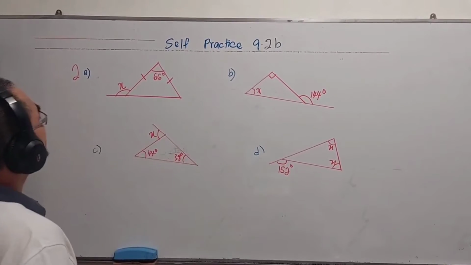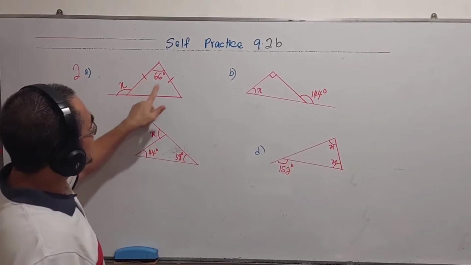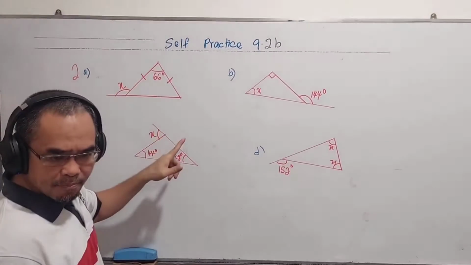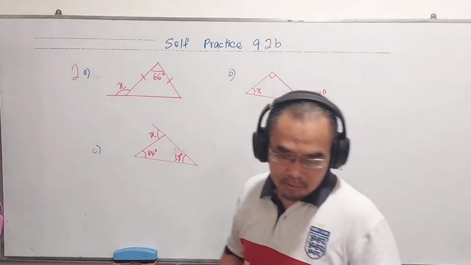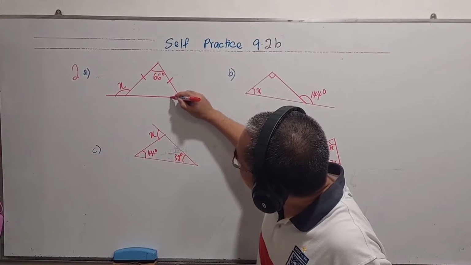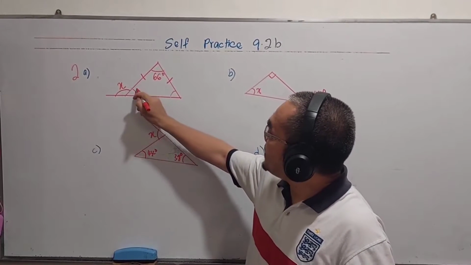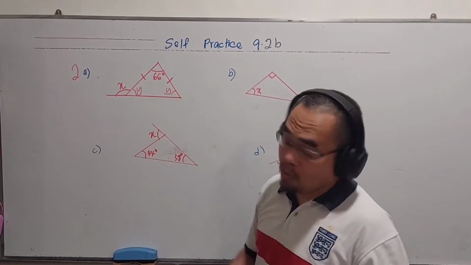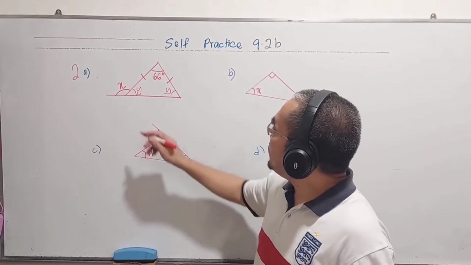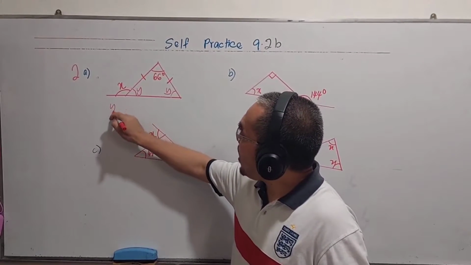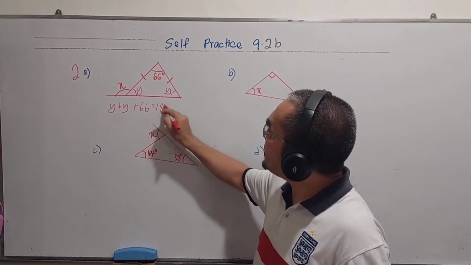So 2A, we have here 66 degrees. What you have to understand about this symbol is that it means the lengths are the same. If the drawing doesn't look the same, it's because of my lack of expertise. Okay, so you could label here Y. Find Y first. So you have to say y plus y plus 66 equals 180.